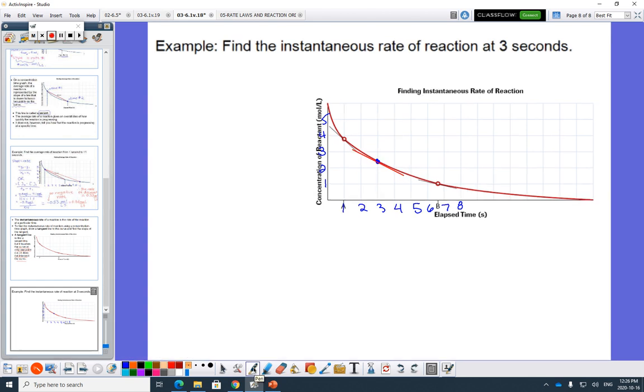So let's say you had to do instantaneous rate, usually I accept a wider variety of answers because we're going to estimate more versus average, where the time values are definitely easy to find.